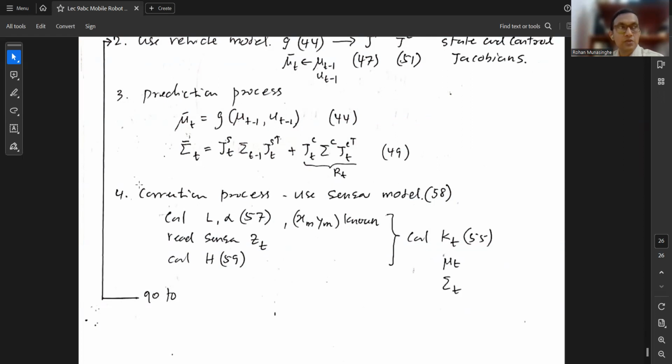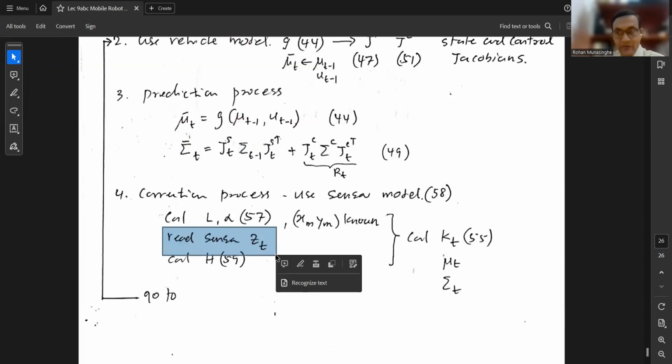Then what you do is you try to correct your probability distribution function using the measurements. For that, you calculate the distance to a marker and also the angle to a marker using your sensor, right? You can use the sensor to calculate ln alpha, that's fine.